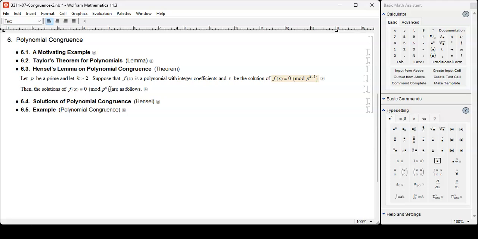Then the solutions of the next generation, f of x congruent to 0 modulo p to the k power, are as follows, which I'll show you a bit shortly. So basically, this lemma is used for reducing the solutions of f of x congruent to 0 modulo p^k into the previous generation, f of x congruent to 0 modulo p to the k minus 1 power.